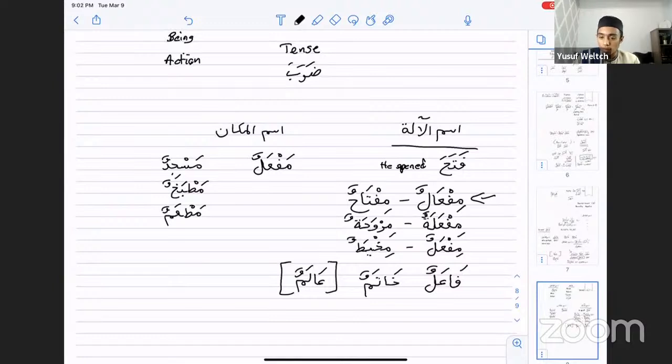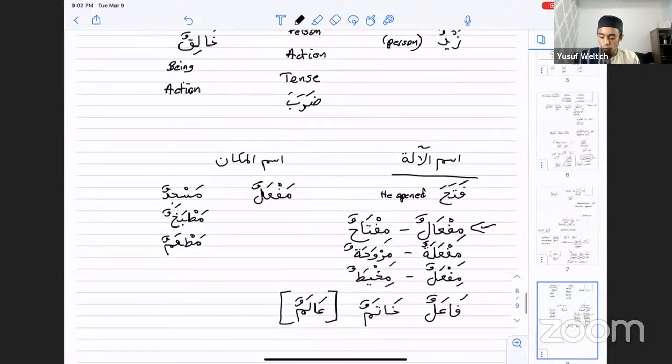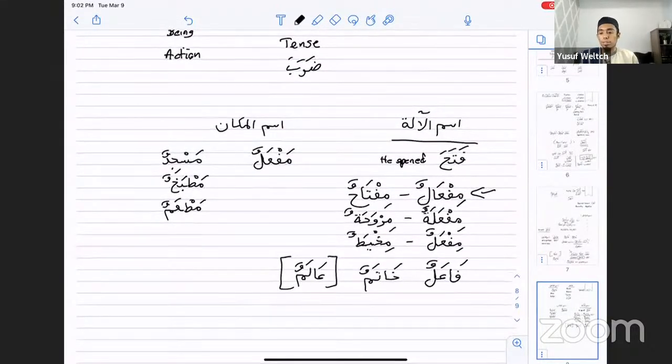You have to memorize the forms themselves, but it's just a shortcut way of practicing and recalling it instead of having to do all of the scales all the time. As long as you knew it once and understand it once, this is a way to keep it present in your mind. So we want to start that next week, inshallah.